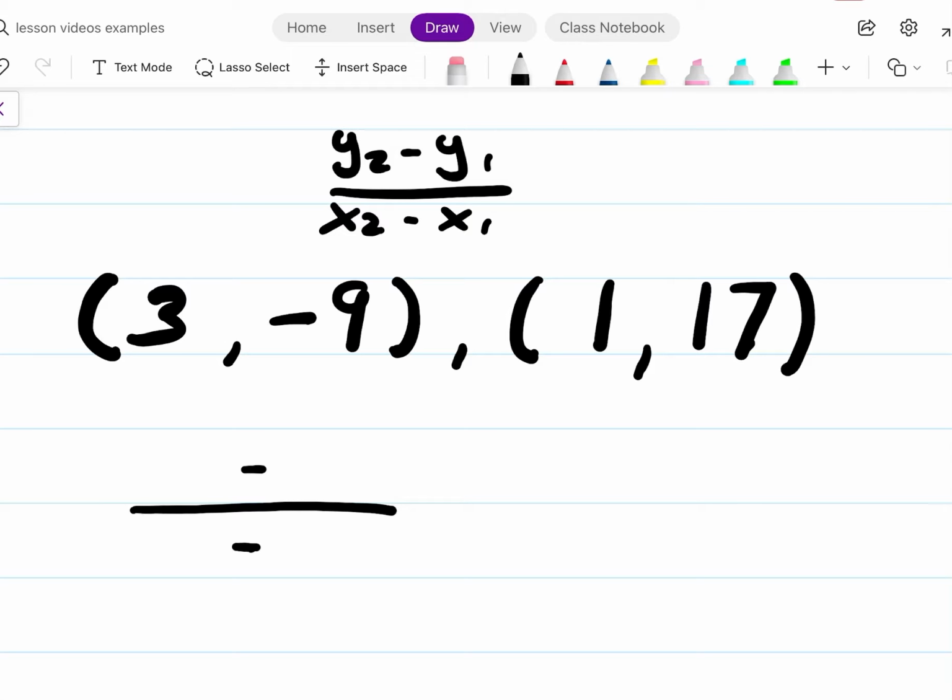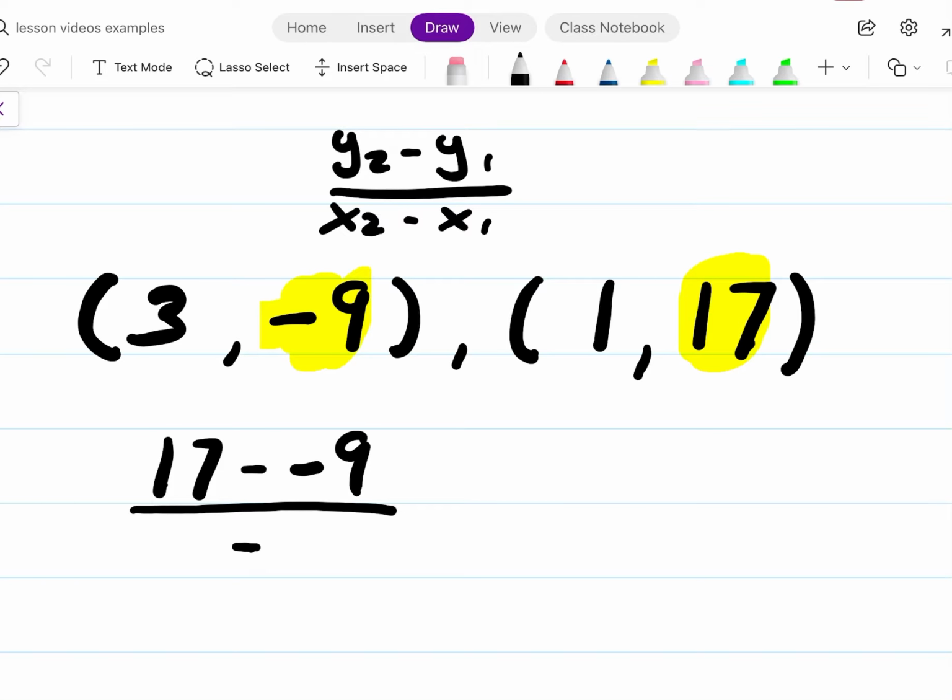So we know that we are going to have y2 take away y1. The second y is 17, and the first y is -9. Since it is 17 minus -9, you can write it like this.